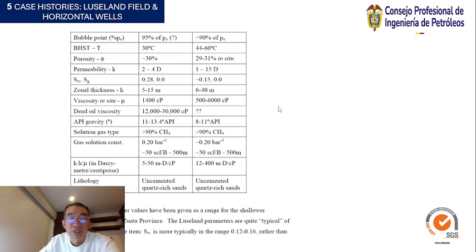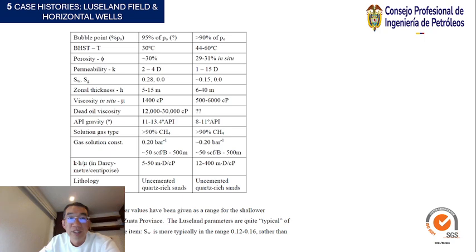The bubble point, Luseland is 95%, and the other oil field is above 90%. And temperature, the bottom hole temperature in Luseland is 30 degrees, and the other oil field is 44 to 60 degrees.